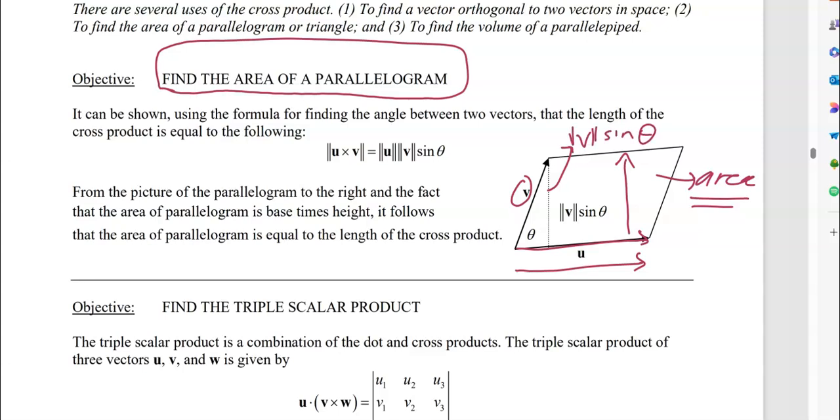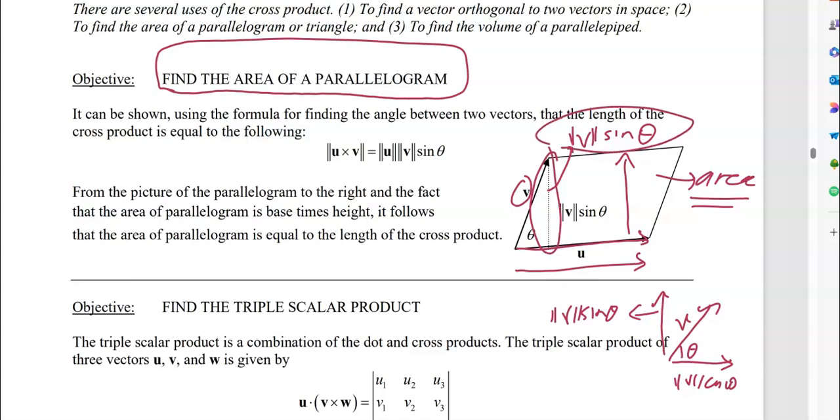Remember that. If this is your vertical component and this is your horizontal component, this one is your v cosine theta, and this is your v sine theta. So the height happens to be v sine theta.